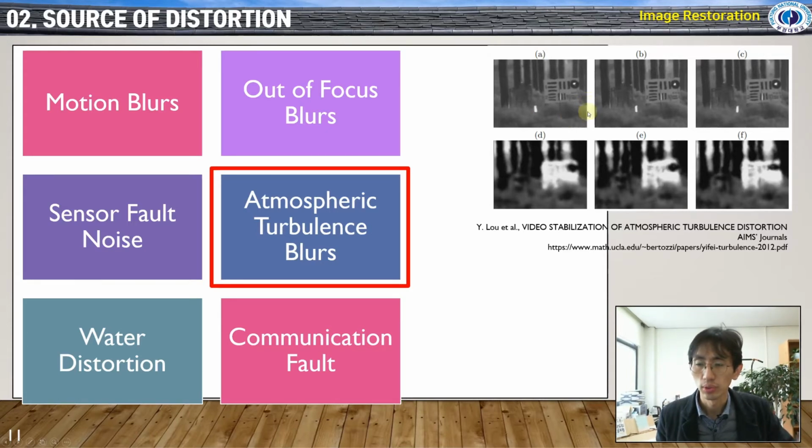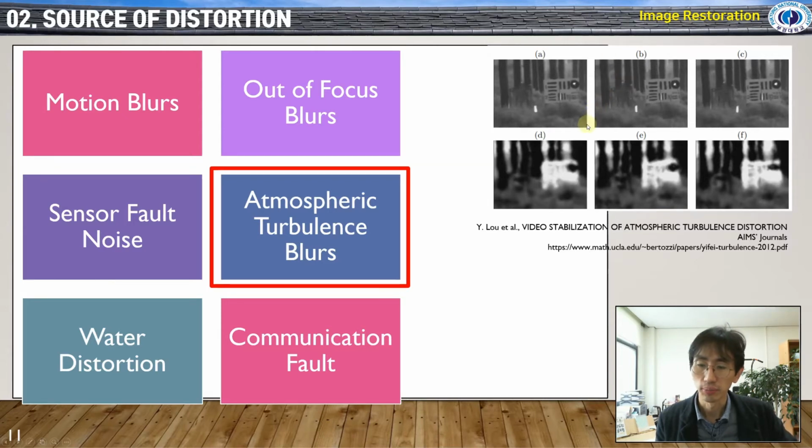These are taken from video, and the above 3 images were taken in the morning, and the other 3 images at the bottom were taken in the afternoon. These photos were taken from 1 kilometer away, so this is very far away.